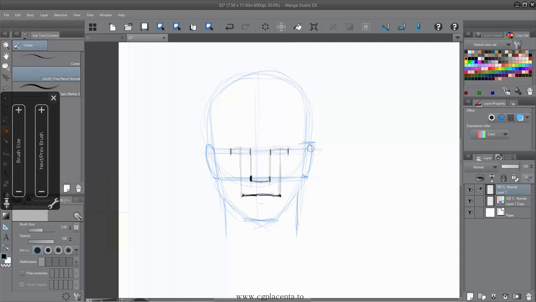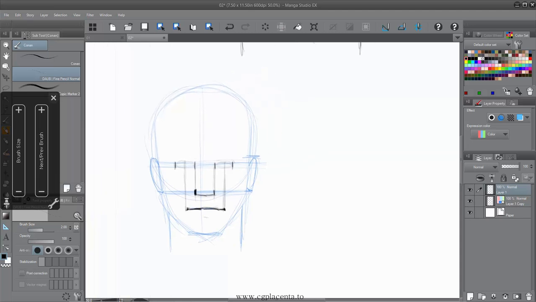Now, you do need to consider that this is in three-dimensional space. So the eye wraps around the head. Okay? So if we have our head and it's looking up, the eye is going to curve around that head there. Okay?